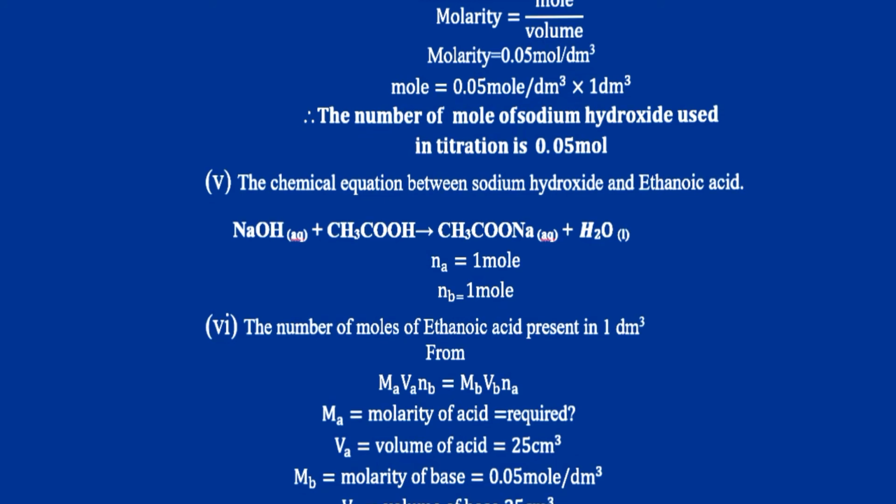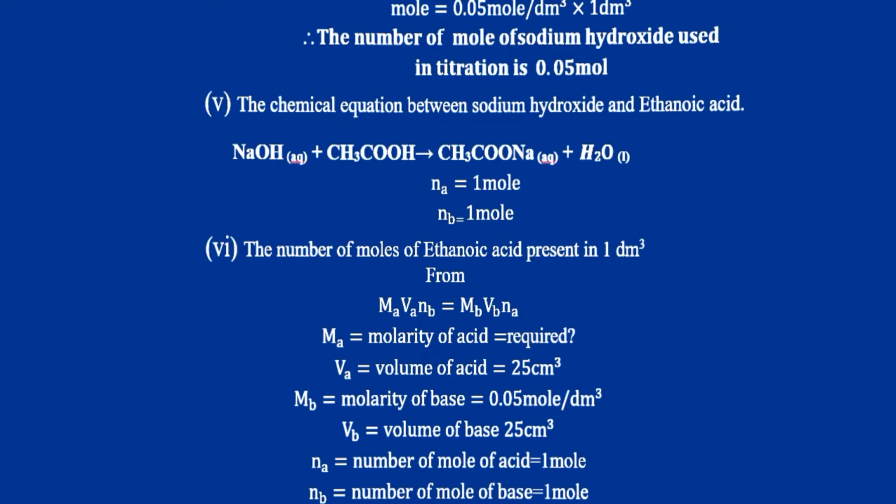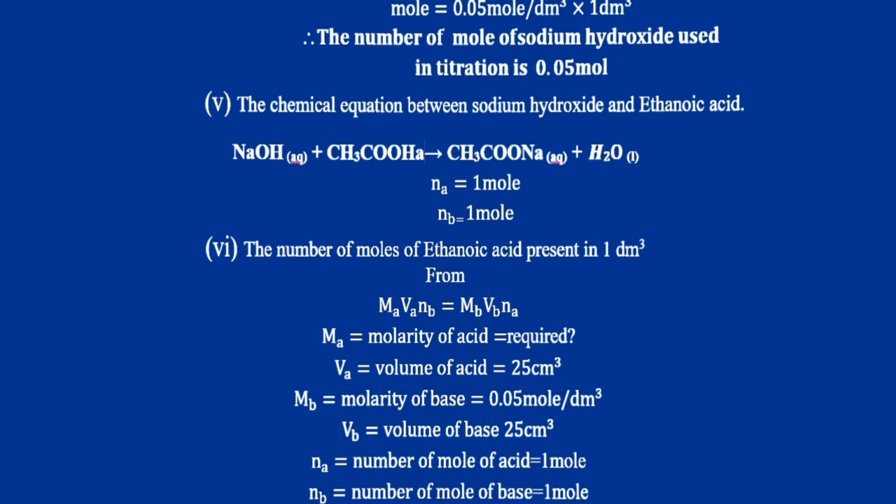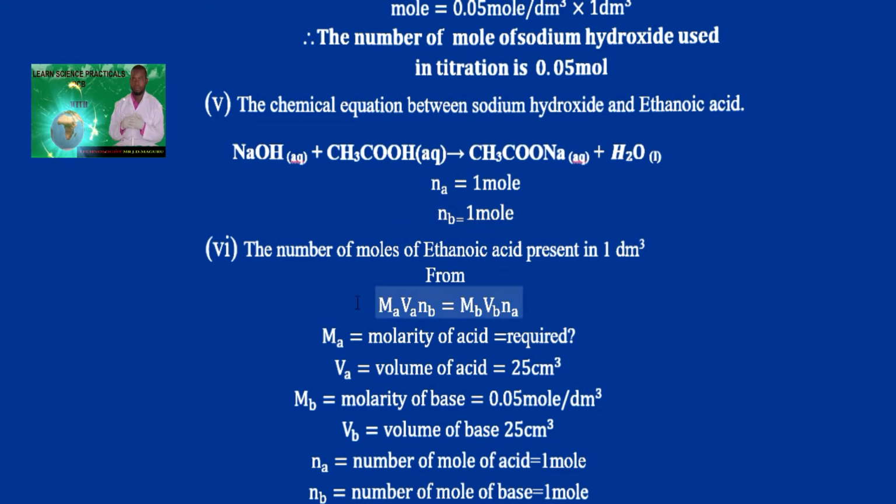So the number of moles of ethanoic acid present in 1 dm³ is another question, number 6. Number of moles of ethanoic acid. So the mole can be found from the molarity. Because ethanoic acid is of known concentration, we are supposed to note the mole, or the molarity, the molar concentration, which is solved by considering the suitable formula. So the suitable formula according to our question is the molar ratio formula.